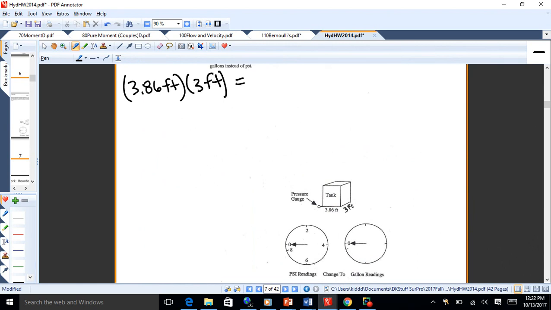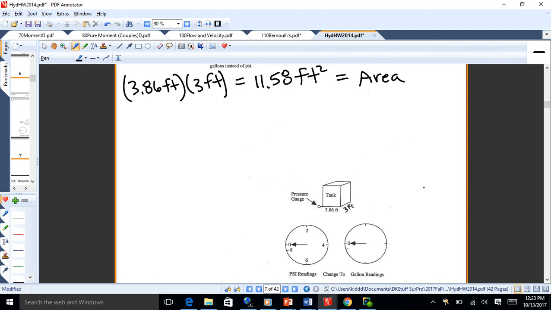Okay, and this will get the area. So when you just multiply those together, you'll get the area, and that is 11.58. So that's the cross-sectional area of the tank, in square feet.